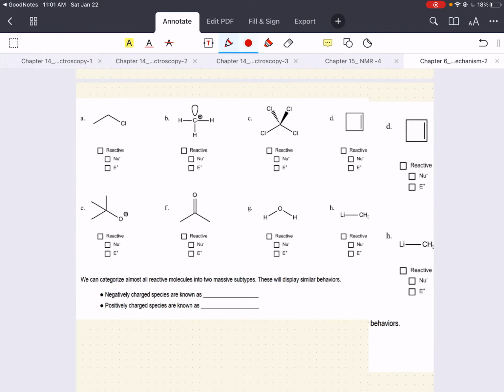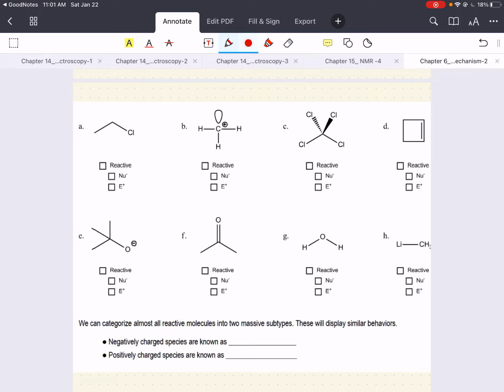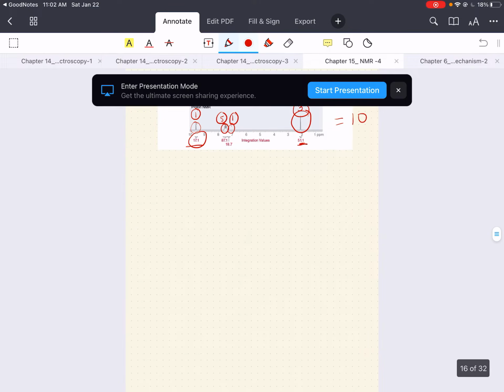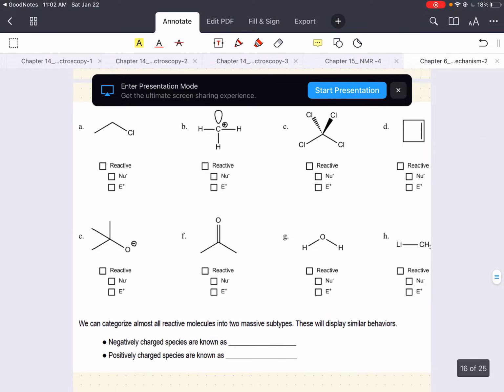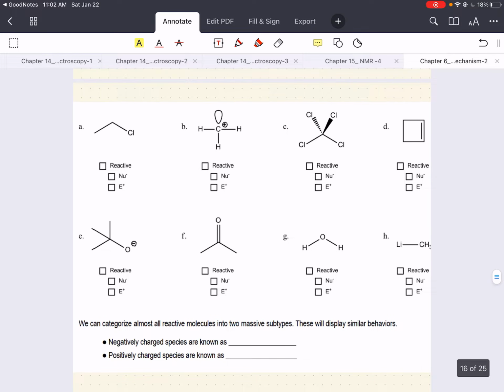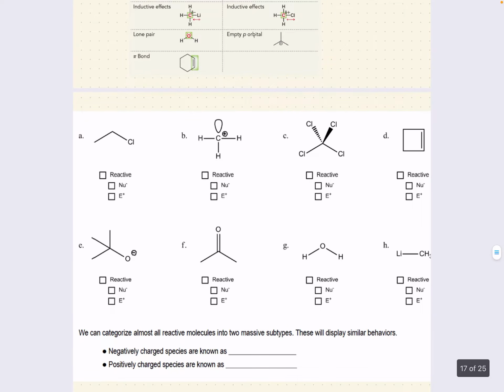Okay, anyways, let's look at this first molecule. Is it going to be reactive or not? Well, there's a play on inductive effects here. Your chlorine is a lot more electronegative than the carbon it's attached to.